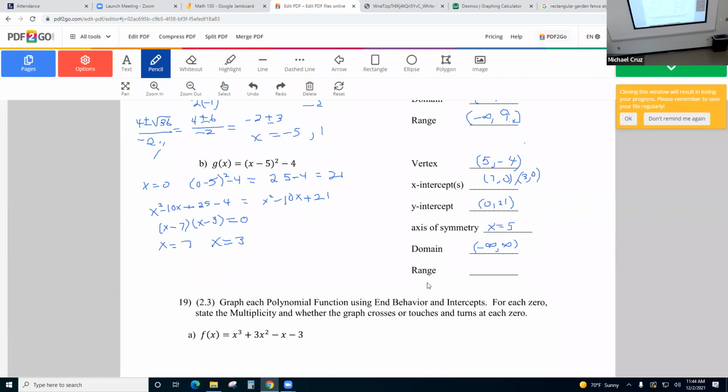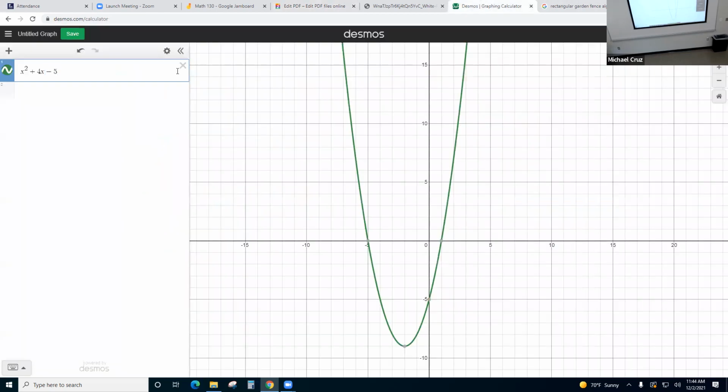All right, now the range: highest point on the vertex or lowest point on the vertex, depending on how this thing is. This is a positive, so this one is going to be sitting on the... See, this is what a positive one looks like.